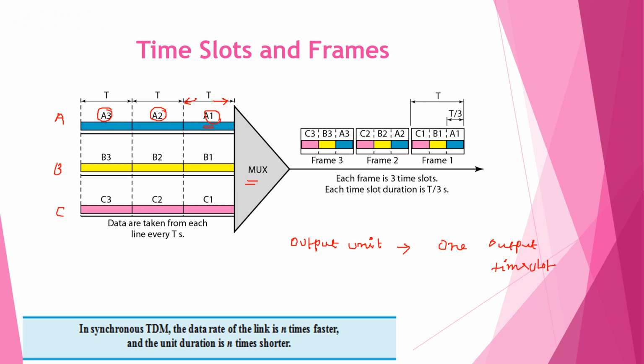The duration of the time slot will not be the same. So I can say that the duration of the output time slot will always be lesser than the duration of the input time slot.